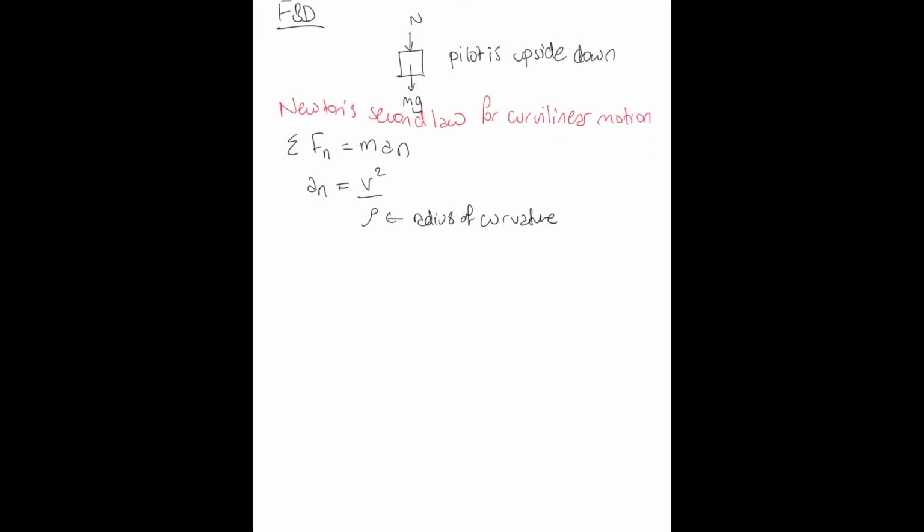And we can find the velocity from this normal acceleration. So again, what is the sum of forces in the normal axis? It's going to be N plus mg is equal to m times the normal acceleration, which is v squared over the radius of curvature.